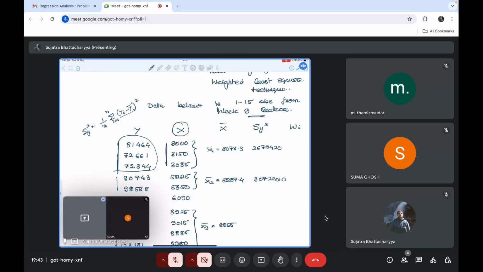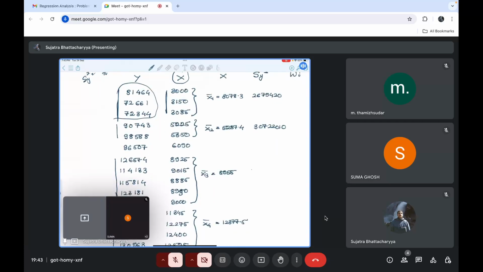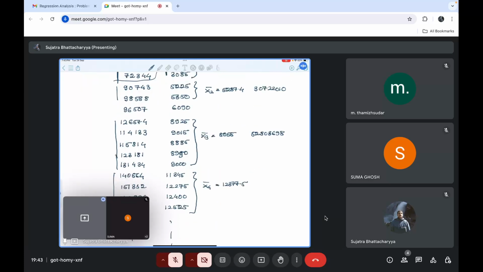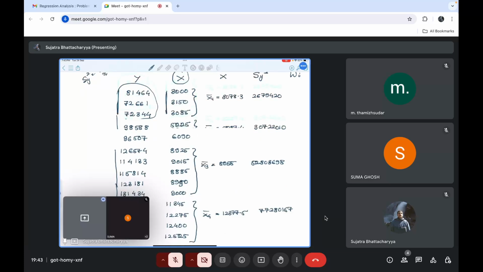Okay, so this is how the sample variance is to be calculated. Fine. And next is 52803698. So large values you can see. And 77280166. Okay.